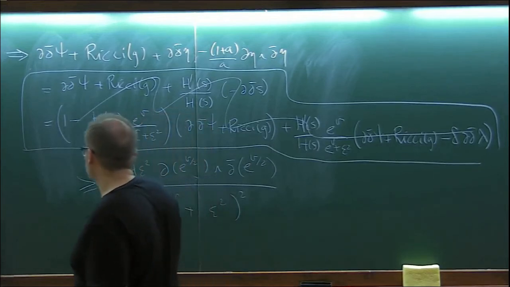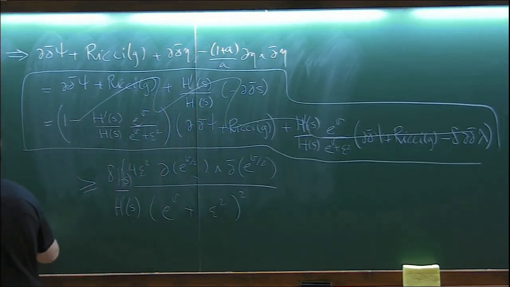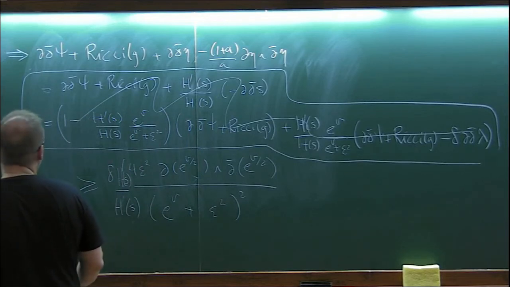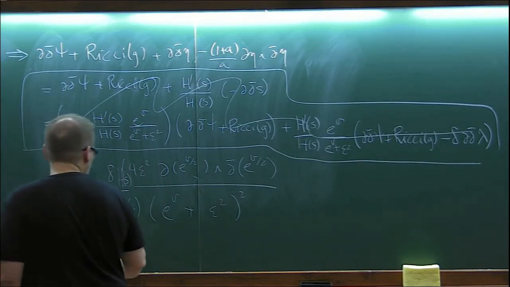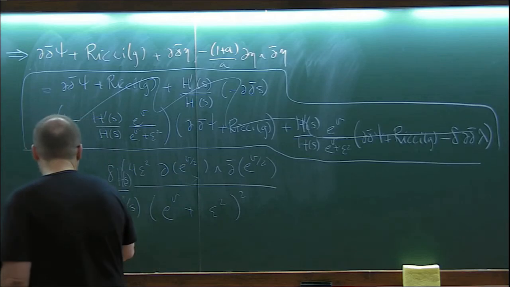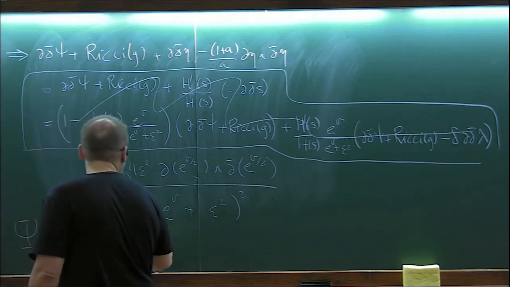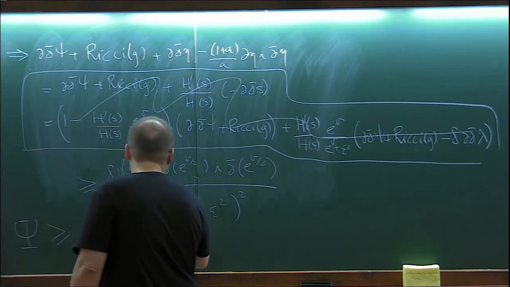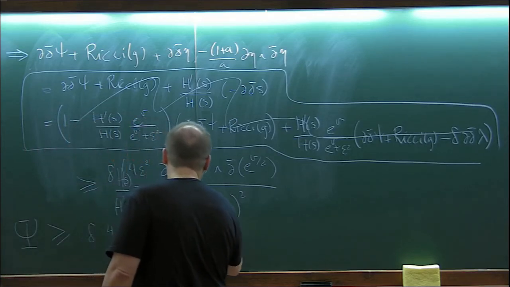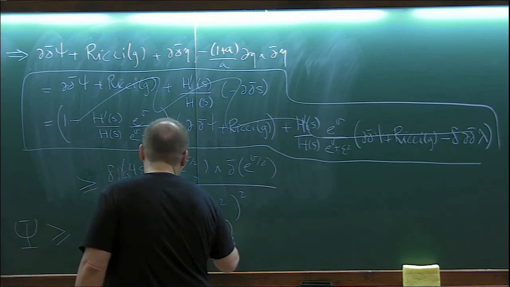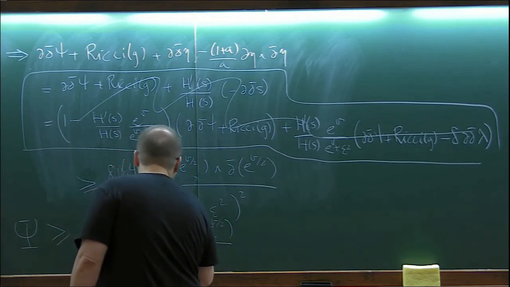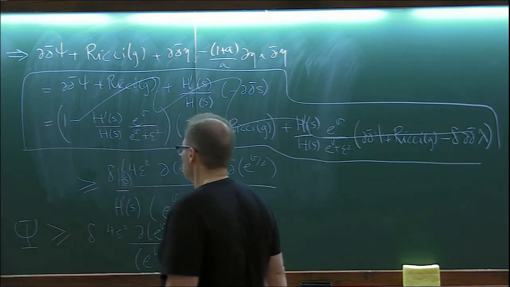So that means that this exactly implies that psi is greater than or equal to delta times 4 epsilon squared d e to the v over 2 wedge d bar e to the v over 2 divided by e to the v plus epsilon squared.